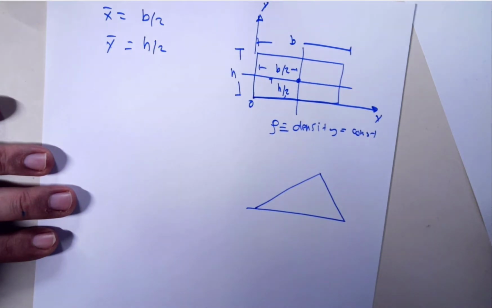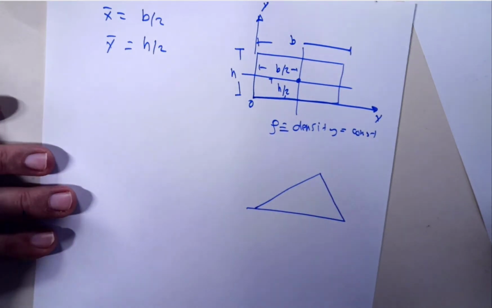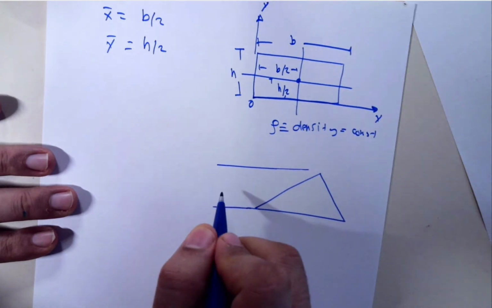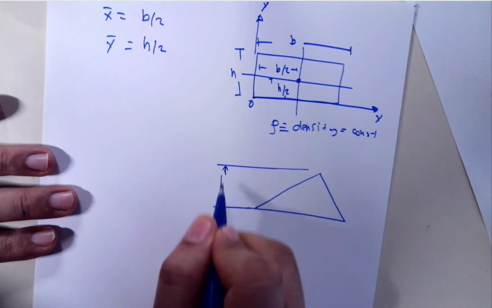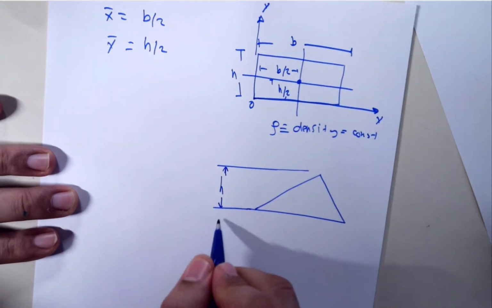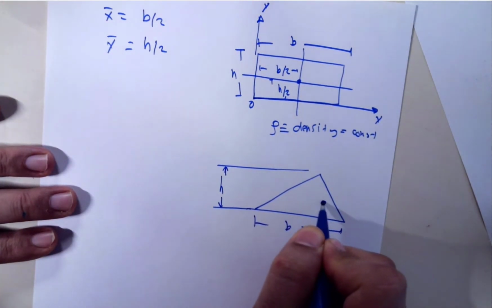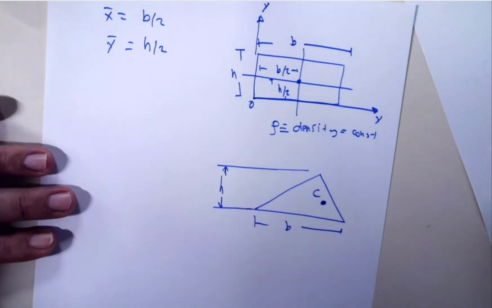So this is a general triangle that has a height measured from the base by H, and it does have a base B. Now the centroid, CG or C, which coincide for homogeneous material, is calculated as follows.